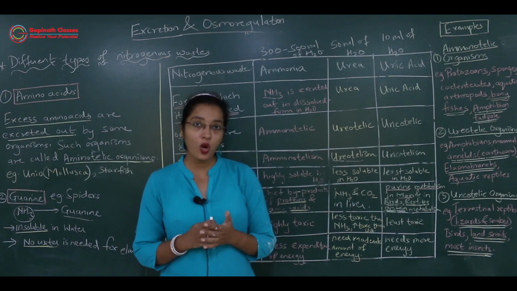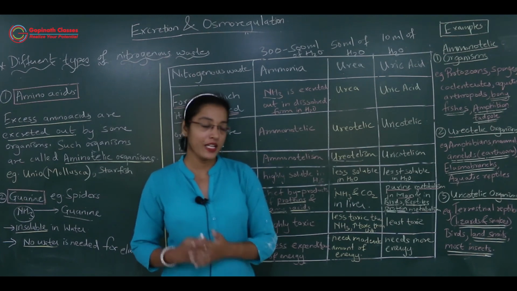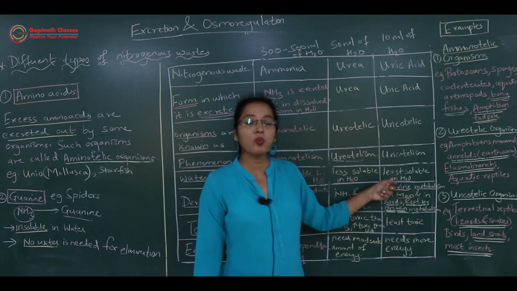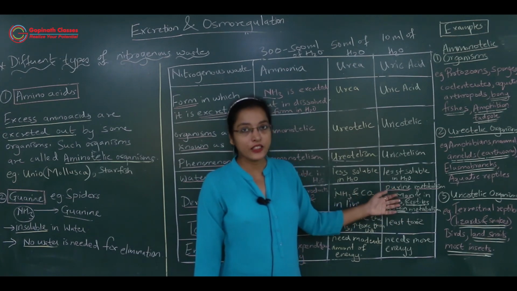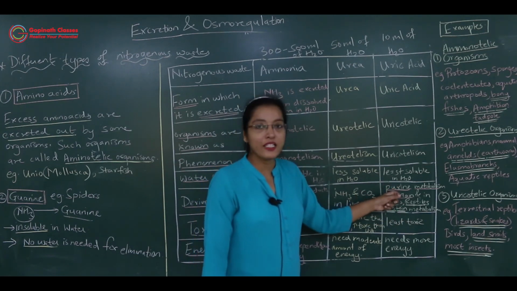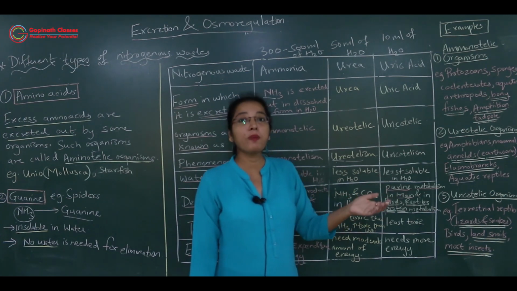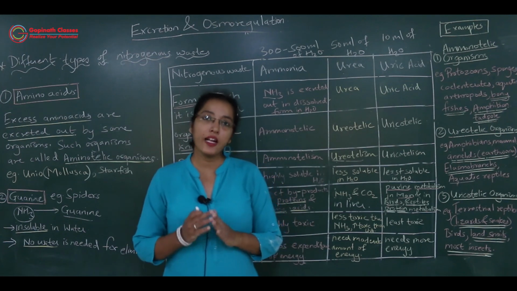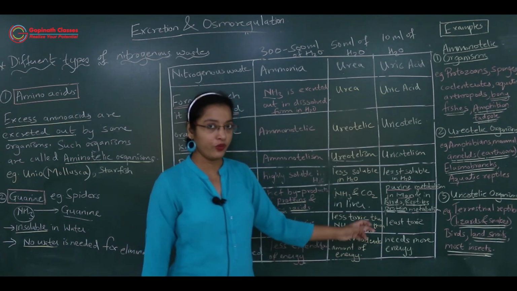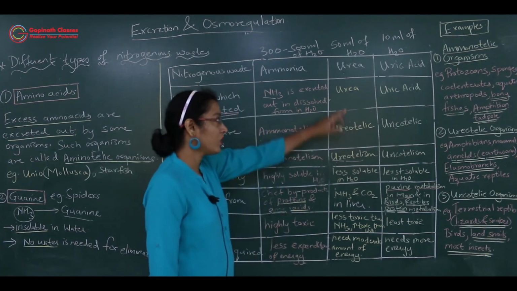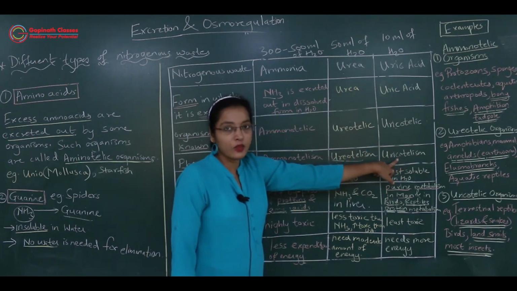Uric acid is formed in birds and reptiles because of metabolism of proteins. And in human beings? Due to metabolism of purines. But it does not happen every time; whenever purines become excessive, at that time only uric acid will be formed. So we have studied uricotelism also.